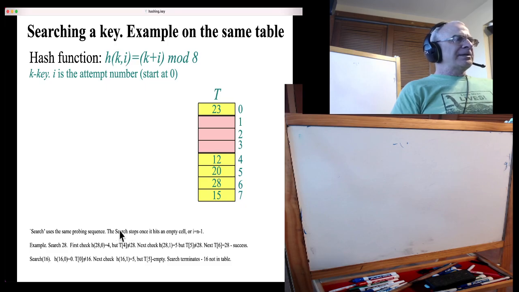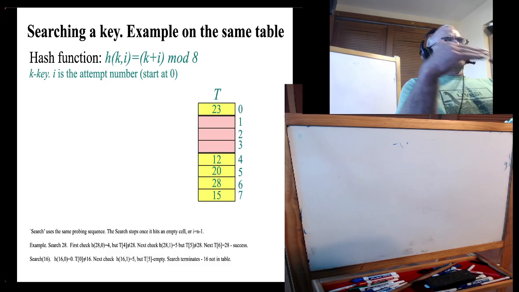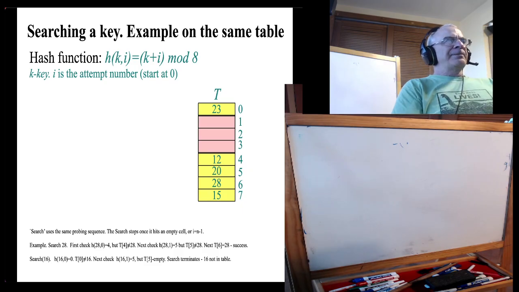When will I stop the search? I'll stop the search either when I find my key or alternatively when I hit an empty cell. How come? Because if I hit an empty cell, it means that I tried all the natural places at which this key would have lived, and none of them contain the key.